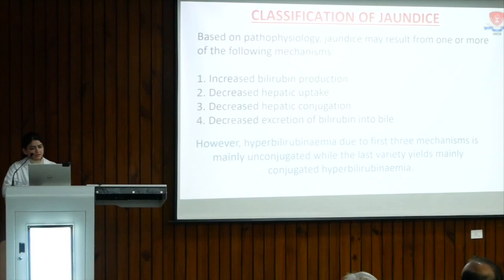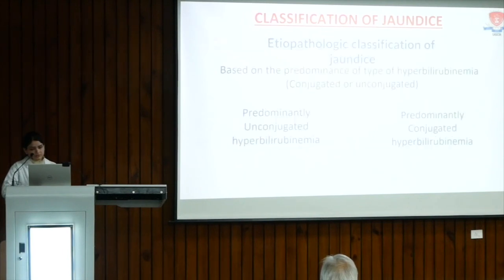In the first three mechanisms, there is a defect in the conjugation of bilirubin or before the conjugation of bilirubin. So all three mechanisms lead mainly to unconjugated hyperbilirubinemia, and the last variety, where there is decreased excretion of the conjugated bilirubin into the bile, leads to conjugated hyperbilirubinemia.